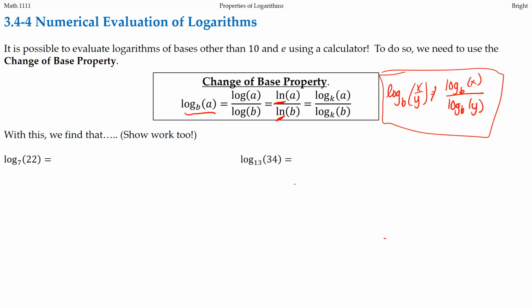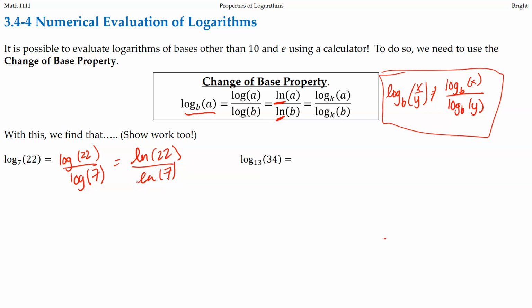So you're mainly using this property when you want to figure out the value of a logarithm. This would be log of 22 over log of 7. Or again, you could type in, and I would, natural log of 22 over natural log of 7.